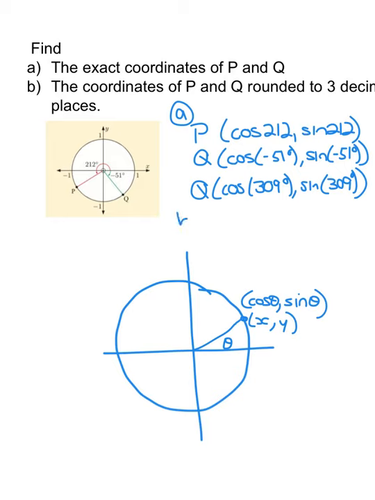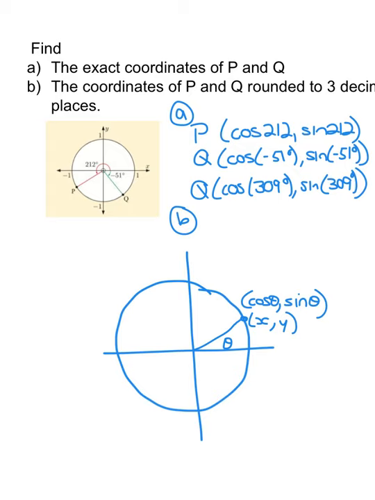Then if we were going to work out what the actual coordinates of that are to 3 decimal places, well, you'd have to put that in your calculator and work out what the values are. So I'm just going to do that for P. I'm not going to do it for Q. You can do that.